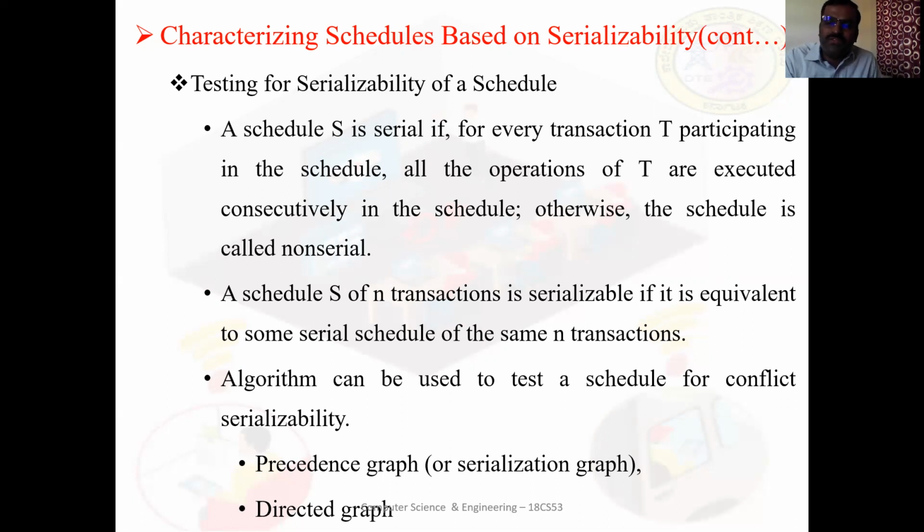Here Tj is the starting node and Tk is the ending node, meaning Tj is the source node and Tk is the destination node. There is a directed edge from source node Tj to destination node Tk.